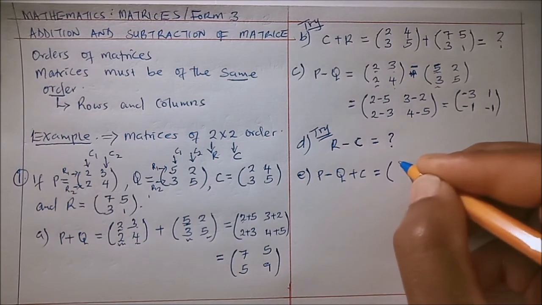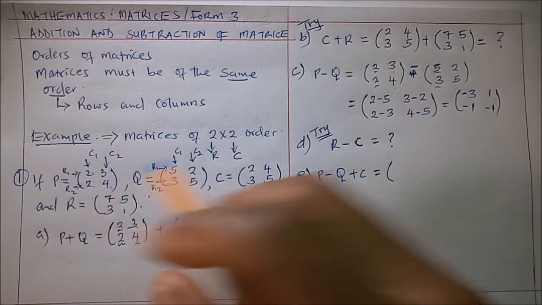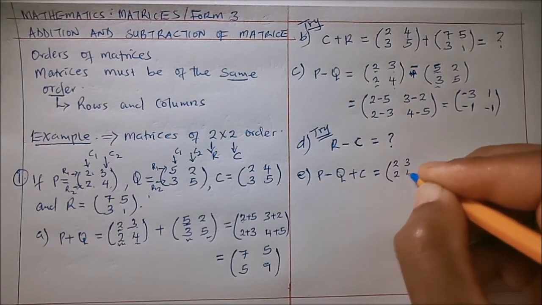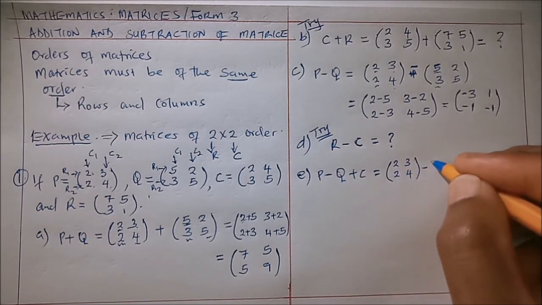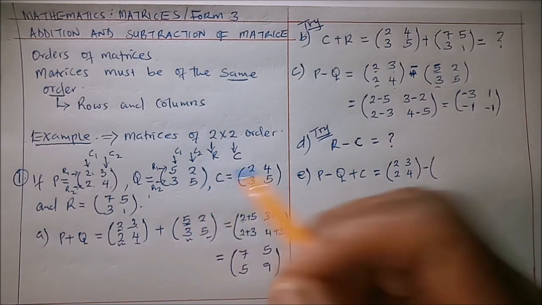My P is 2, 2, 3, 4. Then I subtract, because I'm told to subtract my Q. What is my Q? 5, 3, 2, 5.